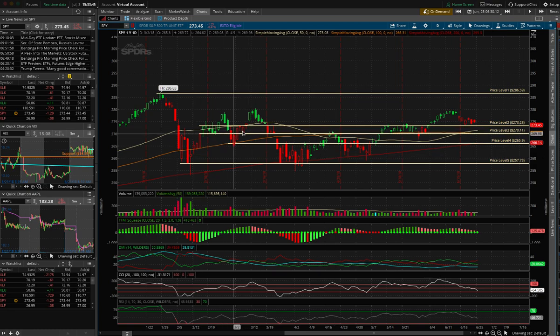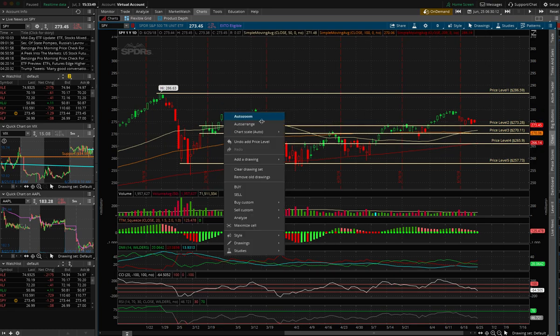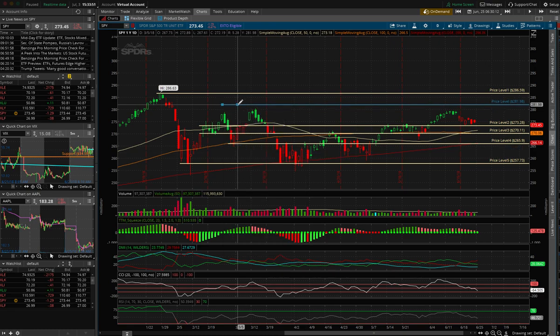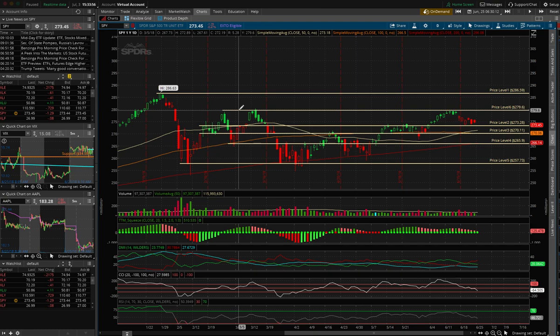As you can tell by all these lines we put on, we could add some more resistance lines here. You can see that price throughout this whole time has been respecting all those levels.